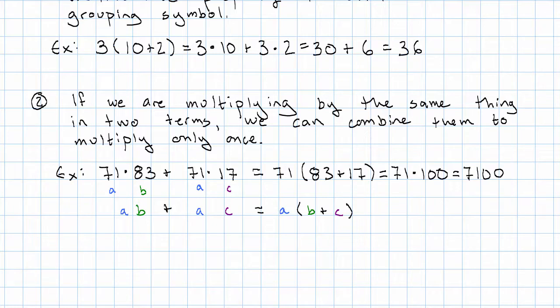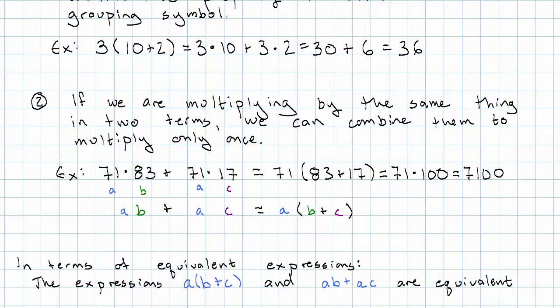A couple of other remarks on the distributive property. Like the associative and commutative properties, we can state this in terms of equivalent expressions. So the distributive property says A times the sum B plus C and A times B plus A times C are equivalent expressions.